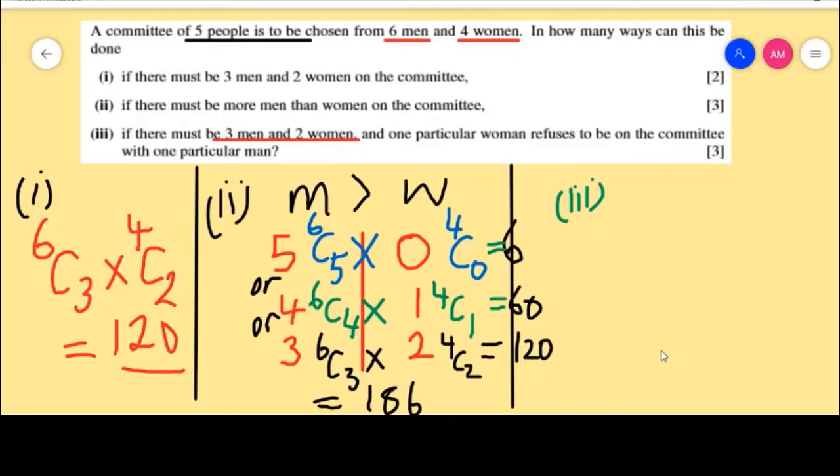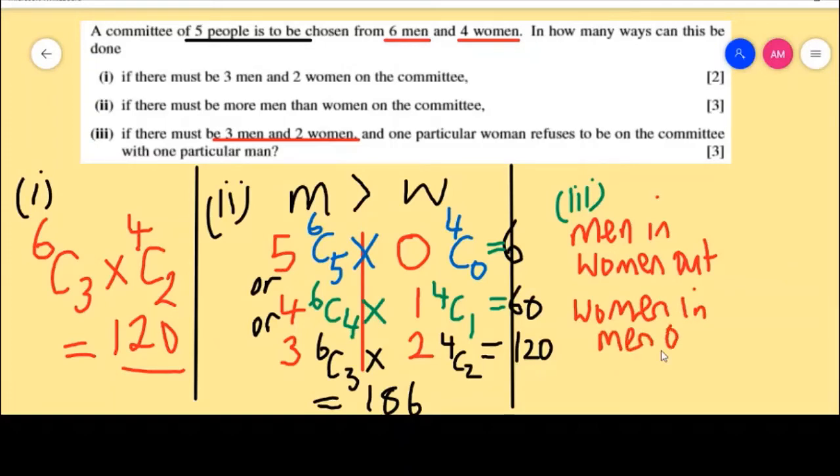Right, so I can put the man in and that woman out, so that's my first choice. Or I can go the woman in and the man out, or I can go both of them out, so both out.